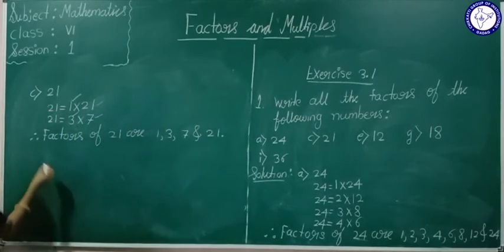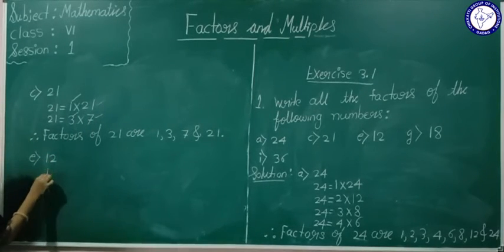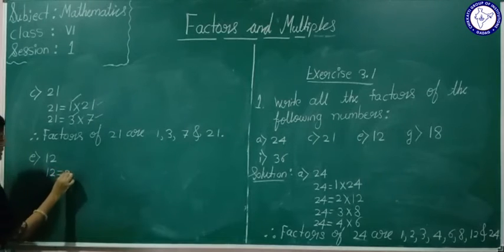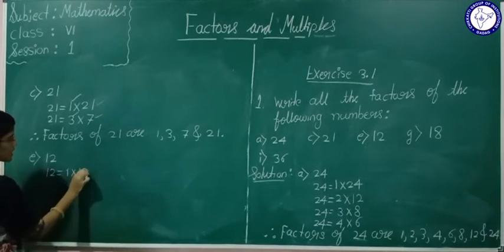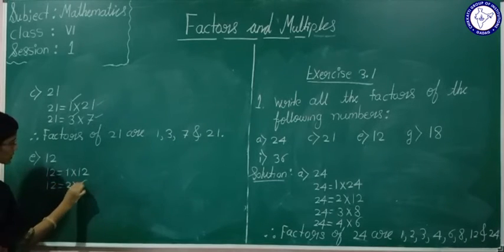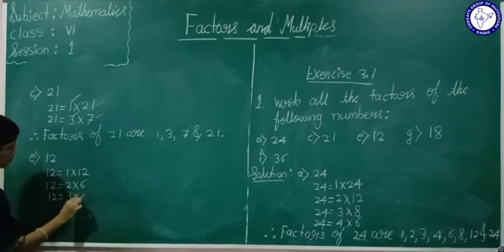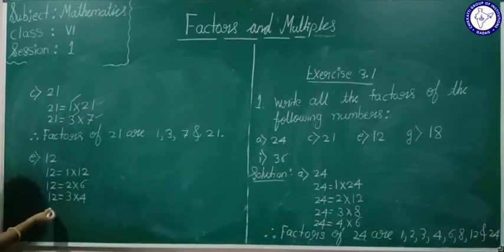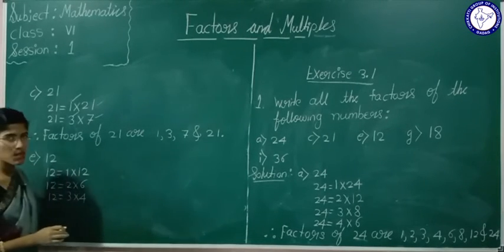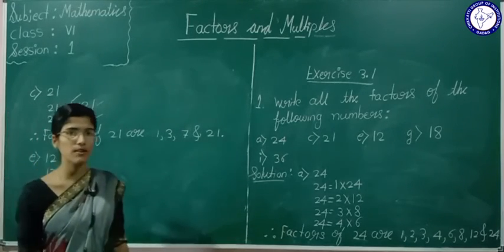Okay, in a similar way we will solve E, that is 12. So this 12 can be expressed as 1 12s. Yes or no, students? Again this 12 can be written as 2 6s, and again as 3 4s. Is there any other way possible to express 12?